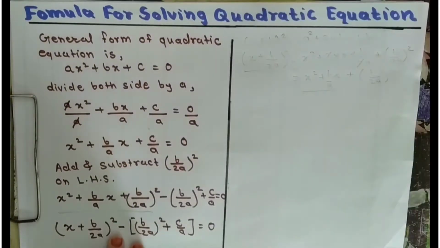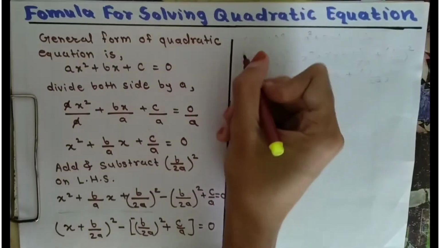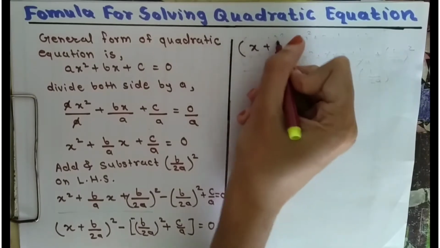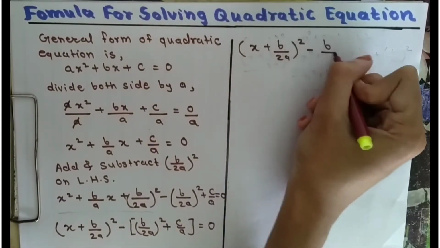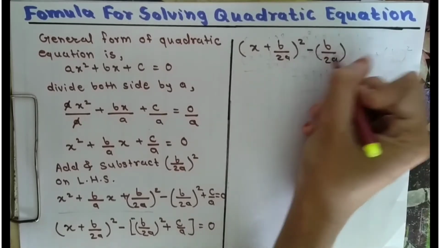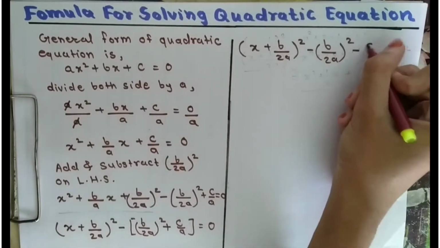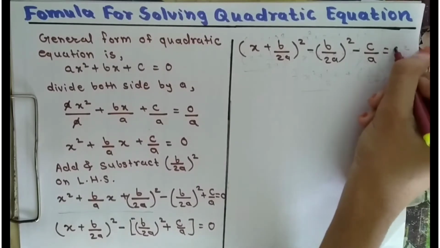Look, before the bracket there is a minus sign, so that plus becomes minus. So write x plus b upon 2a bracket square minus b upon 2a bracket square minus c upon a is equal to 0.